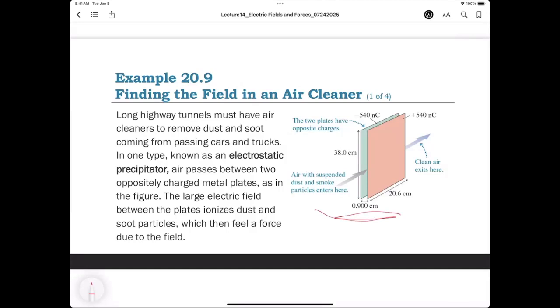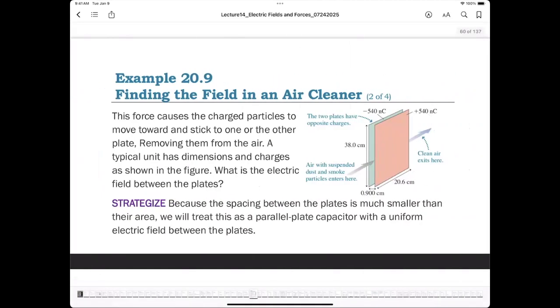The large electric field between the plates ionizes these dust and soot particles, which then feel a force due to the field. This force causes the charged particles to move toward and stick to one or the other plate, removing them from the air. A typical unit has dimensions and charges as shown in the figure. What is the electric field between the plates?